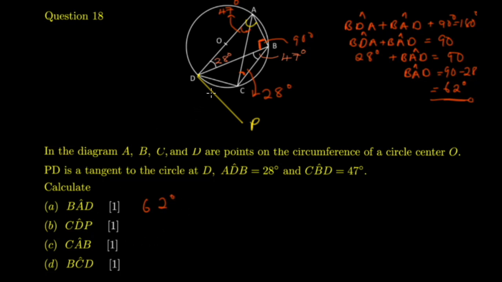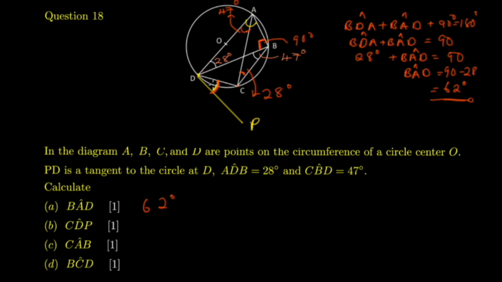And CDP, so this angle here, that's the angle that we're looking for. Whenever you see a triangle, this triangle DAC, it's forming this angle at the tangent. The base of this triangle is resting on this to form this angle with the tangent.